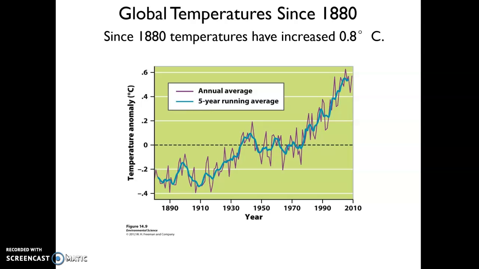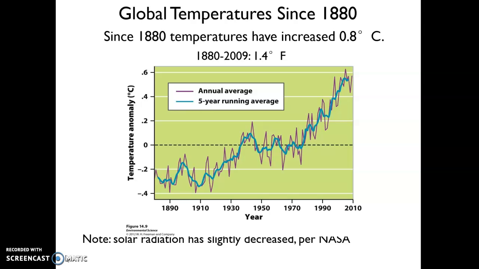The 6 warmest years on record occurred between 2014 and 2019. So basically, all of those past 6 years were the warmest on record. The warmest of all time was 2016.